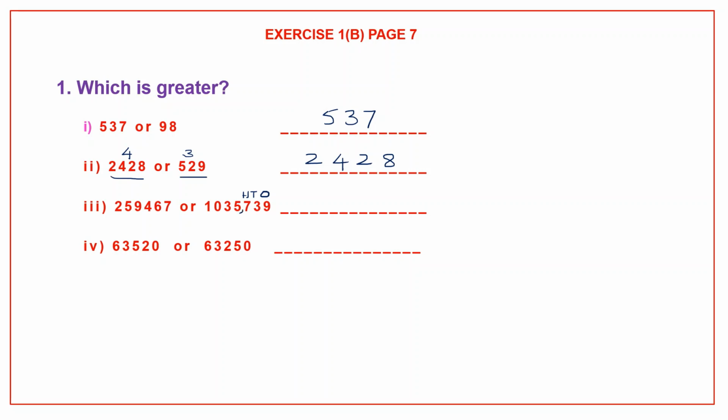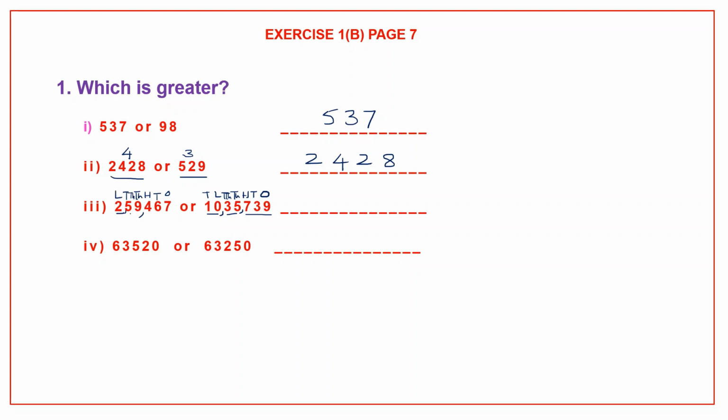Then we put a comma, thousands, 10,000s, comma, lakh and 10 lakh. Now it's easy to read. This is 10 lakh 35,739. Now the other number here: ones, tens, hundreds, comma, thousand, 10,000s, comma, and lakh.